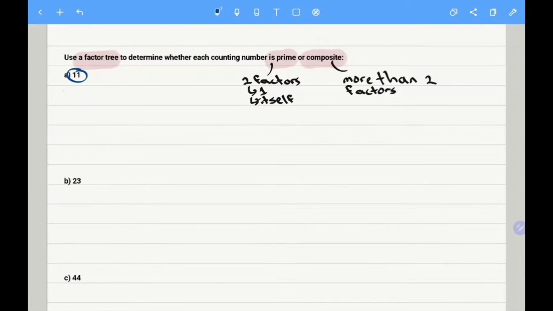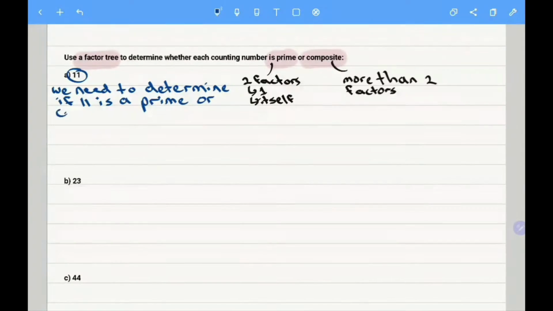Okay, so how about we start by writing down what we need to identify. So we need to determine if 11 is a prime or composite number.